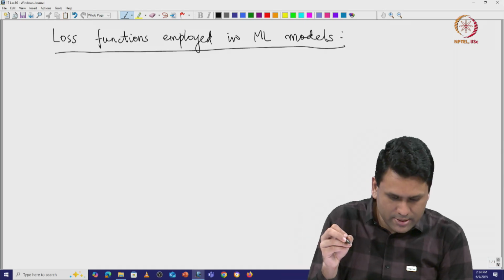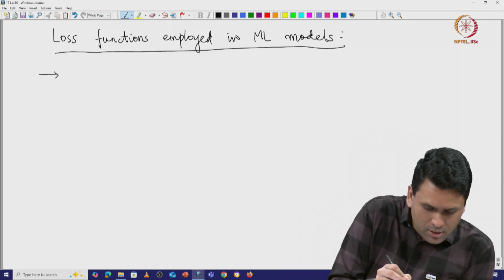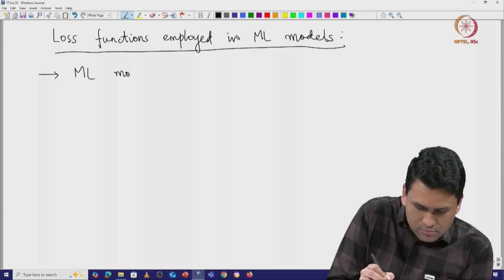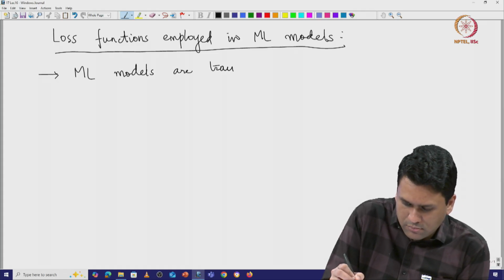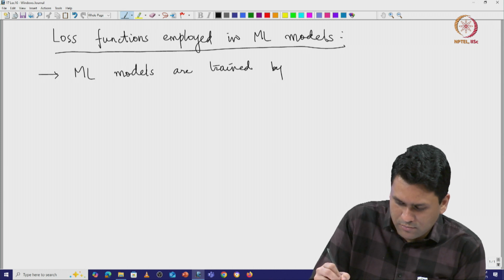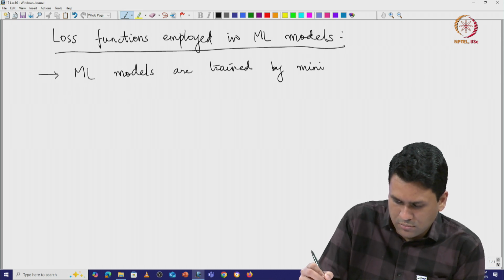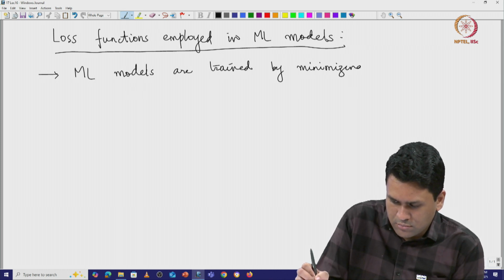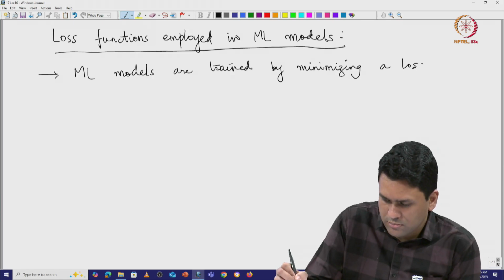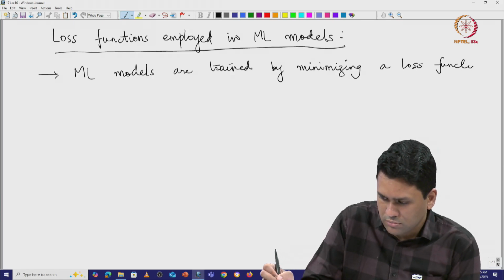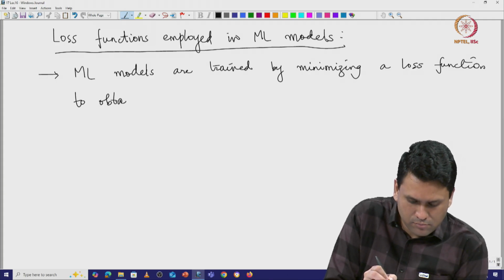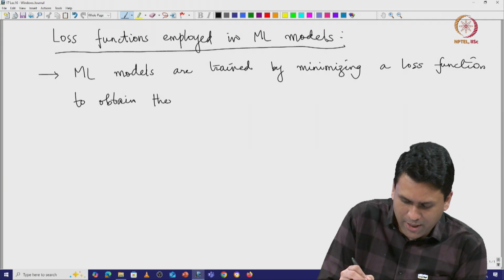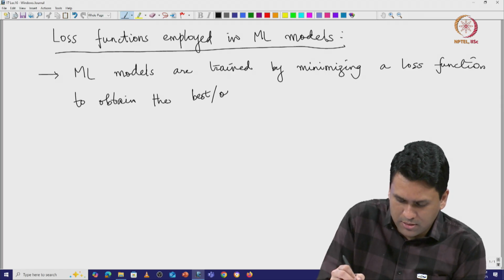And as you already know, ML models are trained by minimizing a loss function to obtain the best or optimal set of model parameters.